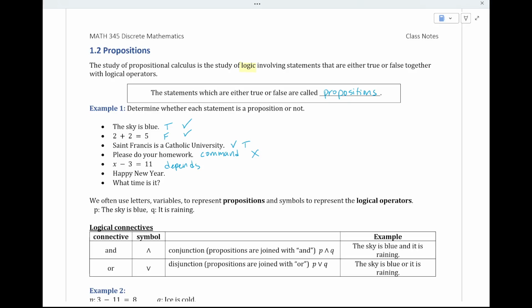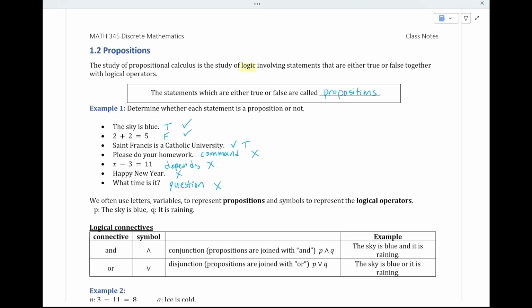So it's true sometimes and it's false sometimes. So this is not a proposition because it depends on whatever x is. Happy New Year. This is a statement, but it doesn't really have a truth value associated with it. So it is not a proposition. What time is it? That is a question, and questions are not propositions.